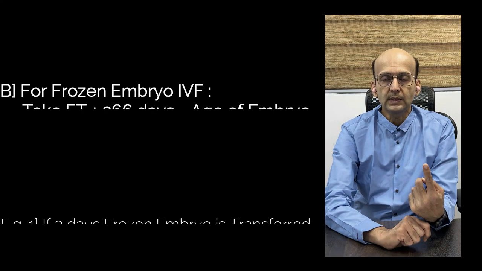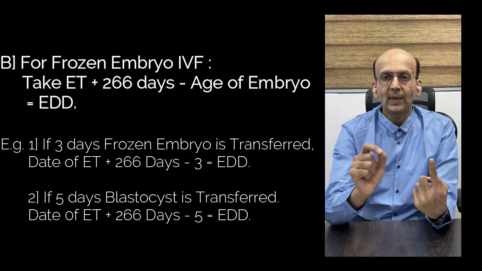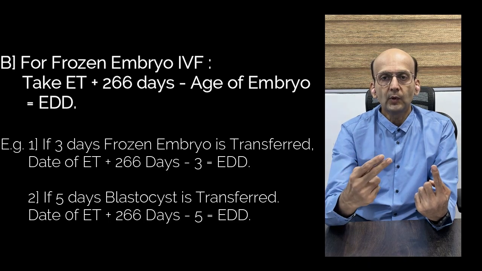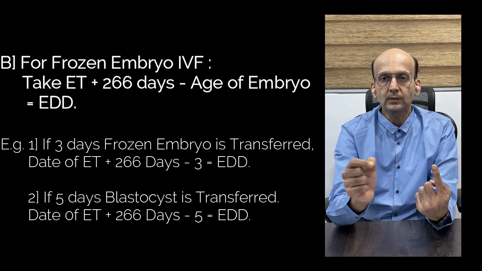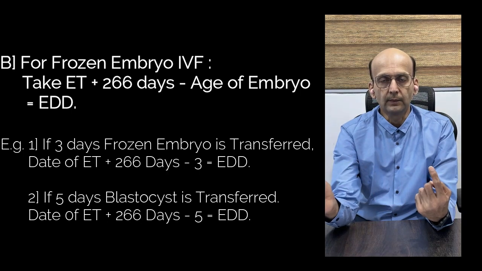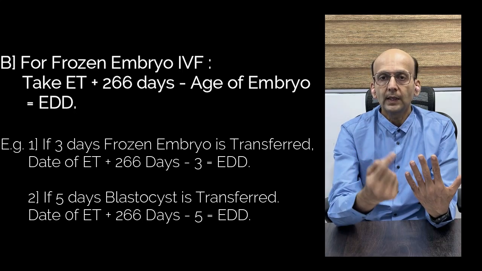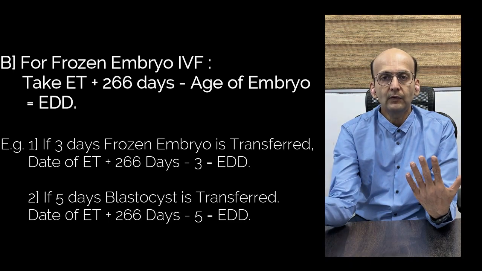For a frozen embryo transfer case, take ET, add 266 minus the age of the embryo. So suppose a day 3 embryo has been transferred, take ET, add 266 minus 3, that is your EDD. Suppose a day 5 blastocyst has been transferred, take ET, add 266 minus 5, that will be your EDD.